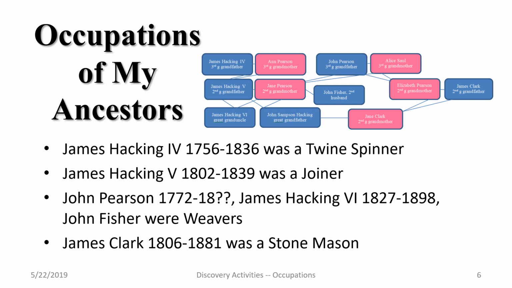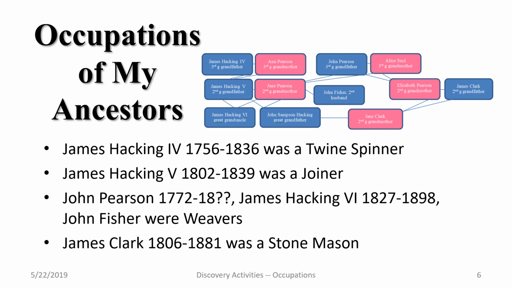After James Hacking V died in 1839, his widow, James Pearson Hacking, married John Fisher, who was a weaver. For a time, he took his stepsons, James and John Sampson Hacking, with him to work in the cotton mill factories.